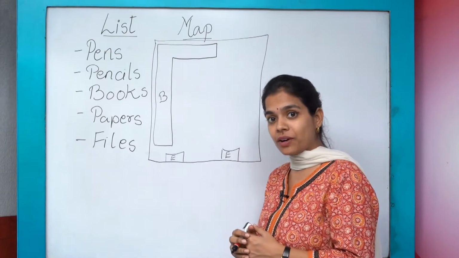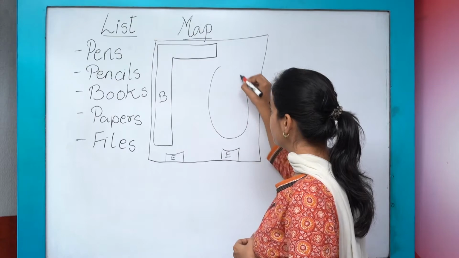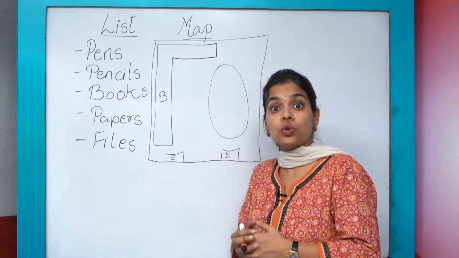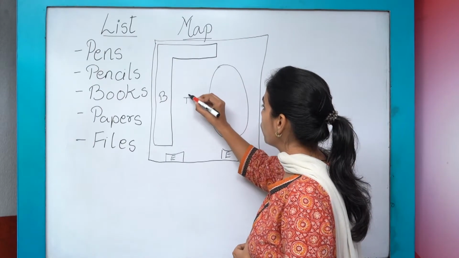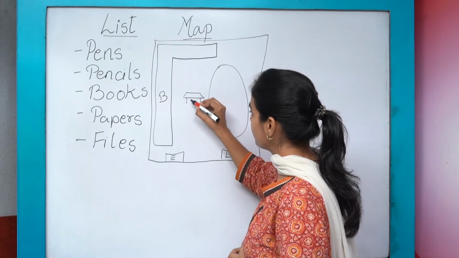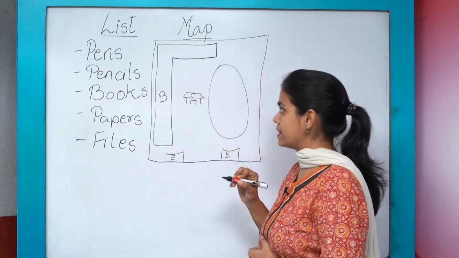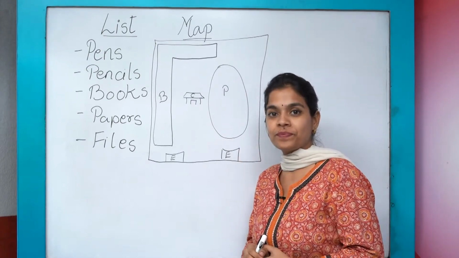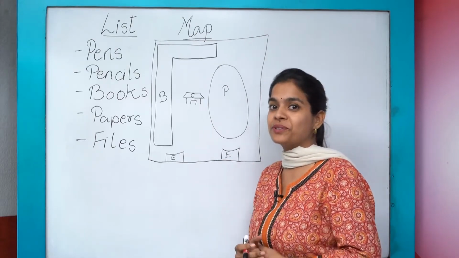Where was the playground? The playground was here. And where was the school canteen? The school canteen was right here. For canteen, we can write C. For playground, we will write P. This is the map of my school.